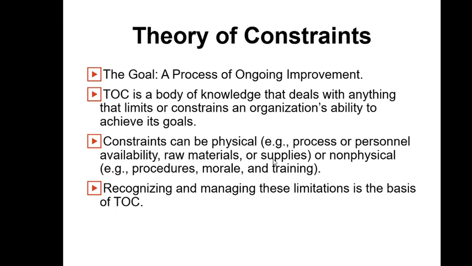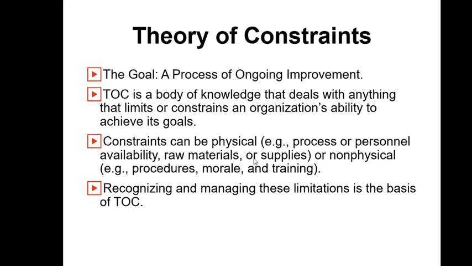Why? Because my suppliers cannot really supply me with the quantity that I need every week. So this is a constraint, because it will limit you from producing the volume that you need for your market. That's why you have to solve it.